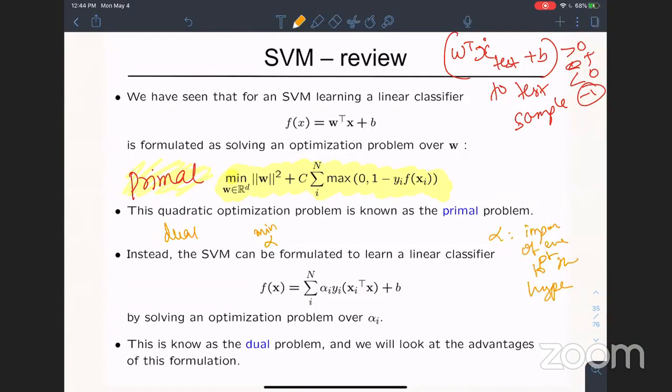And for support vectors, alpha would be non-zero, positive. We'll learn more about it in the next class, but the intuition is right. Don't think that my first job is to actually find the support vectors, because that would be the problem of the dual formulation.